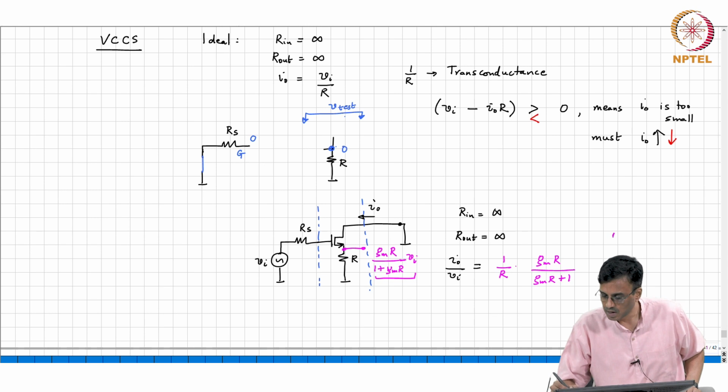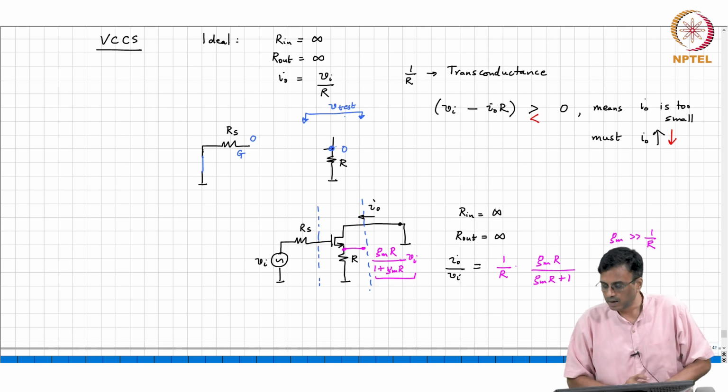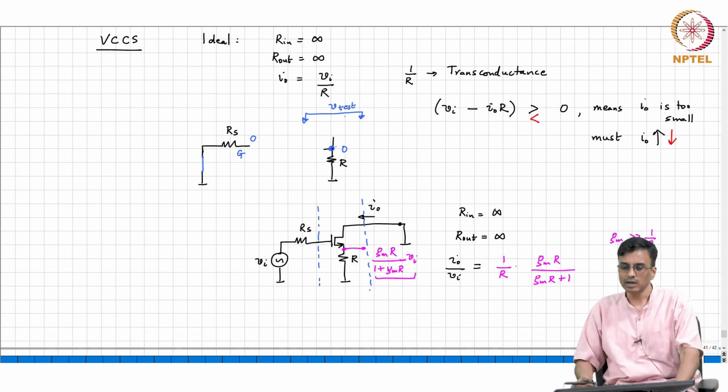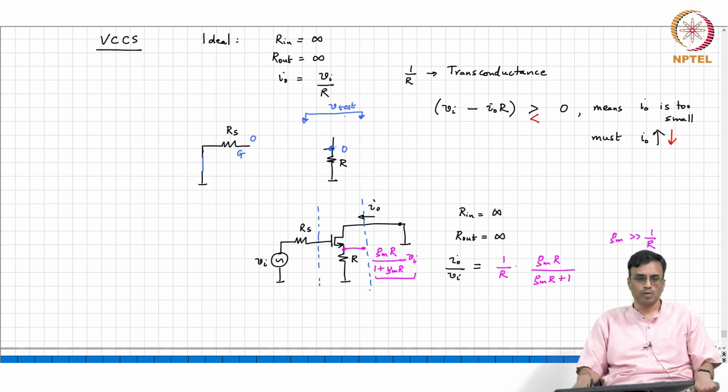Gm must be much larger than 1 over R. And if GmR is much larger than 1, as promised, the transconductance, which is the ratio of the incremental drain current to the incremental gate voltage, is largely independent. It is 1 by R times a large number by a large number plus 1, which is close to 1.